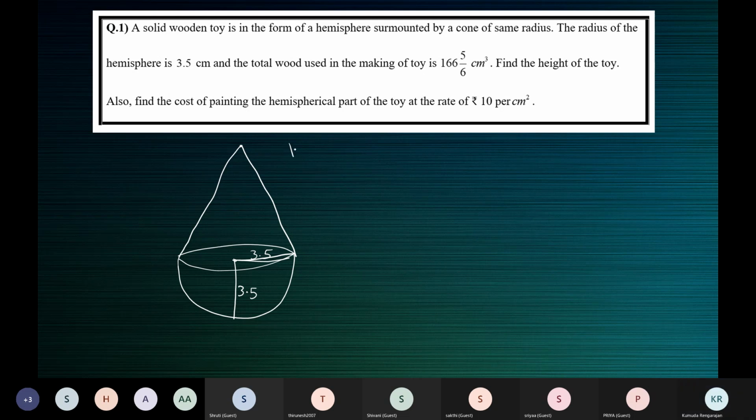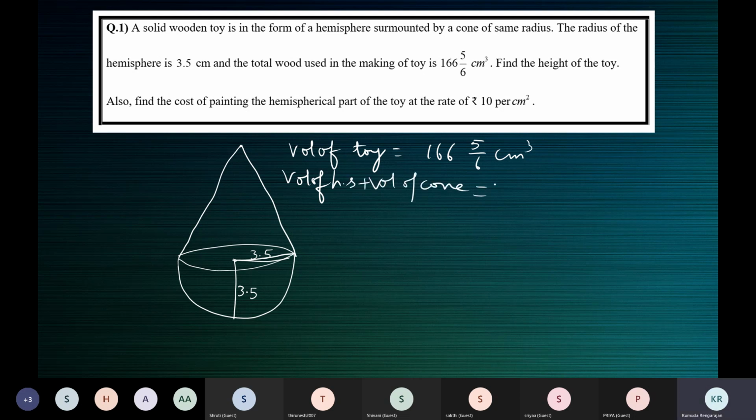So, volume of toy is equal to 166 5 by 6 centimeter cubed. So volume of toy means volume of hemisphere plus volume of cone, which is equal to 1001 by 6 centimeter cubed.